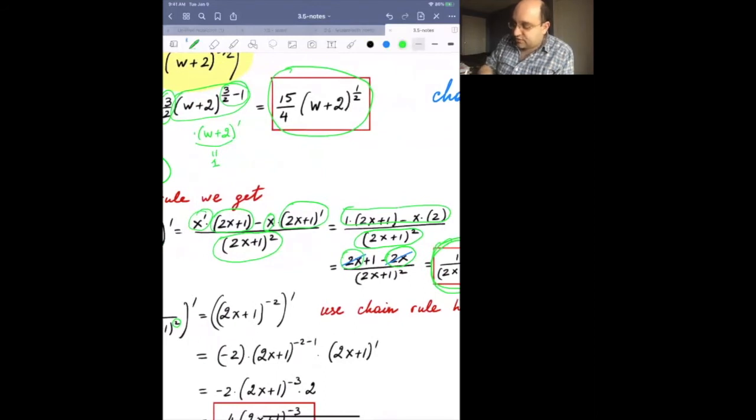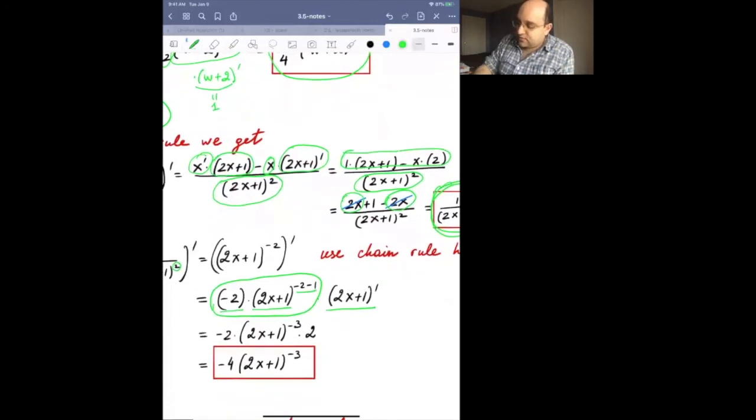The chain rule tells me that it's going to be the derivative of the outside function, which is x to the power negative 2, so it's negative 2 times this expression to the power negative 2 minus 1, times the derivative of the inside function, 2x plus 1.